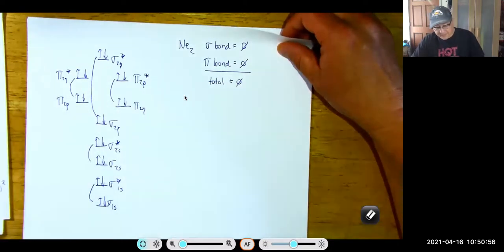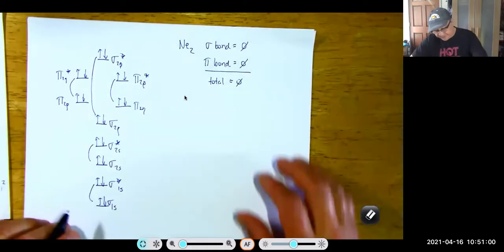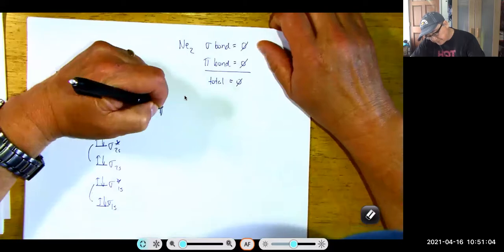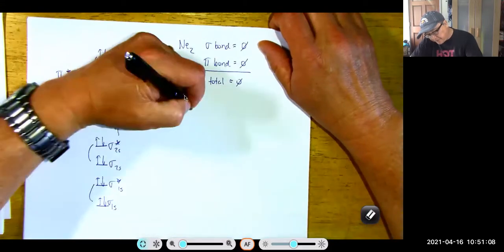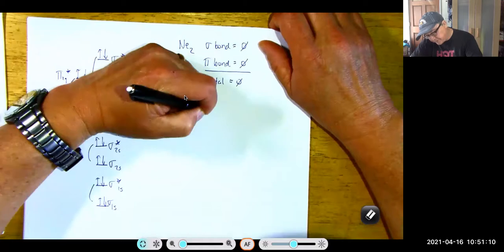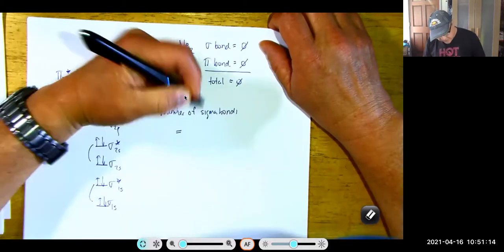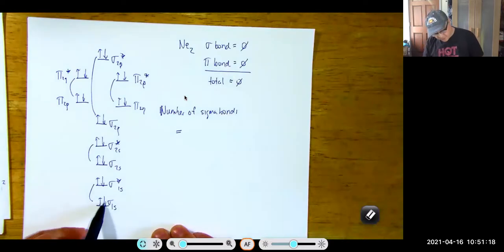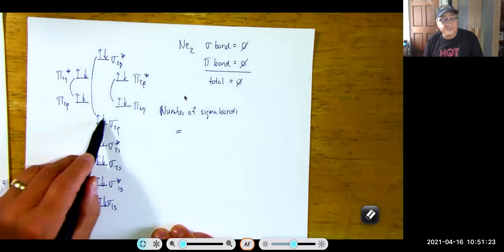Okay. Now there is a way to calculate the bonds. So the number of sigma bonds is equal to, basically you count all these electrons in the sigma orbitals. So 1, 2, 3, 4, 5, 6, right?